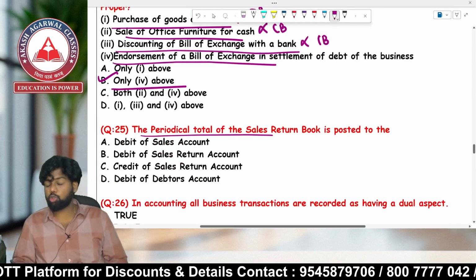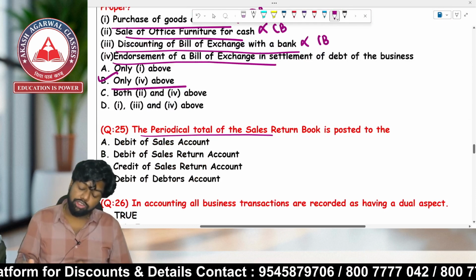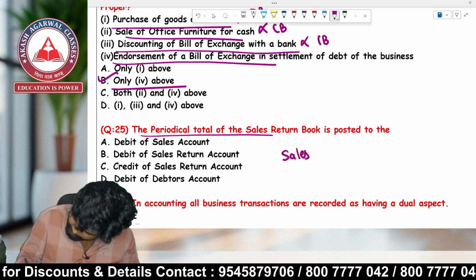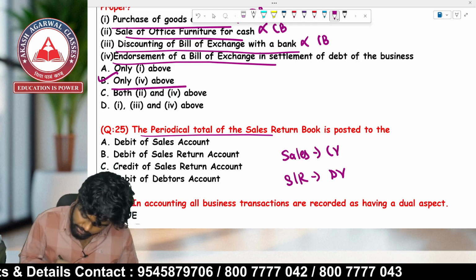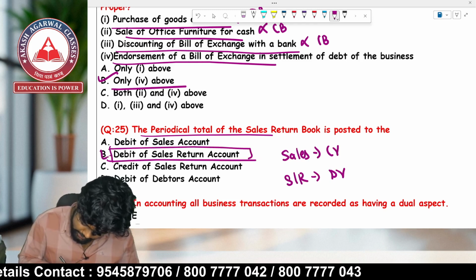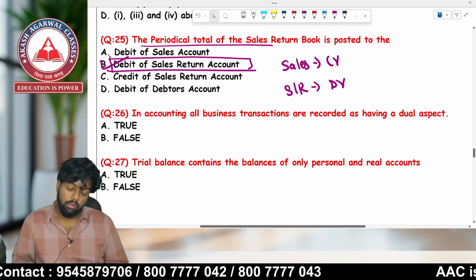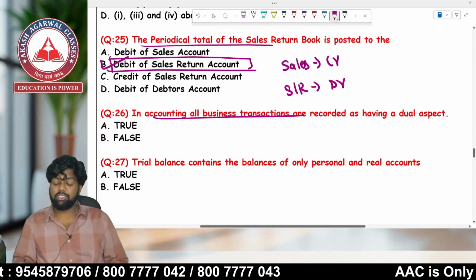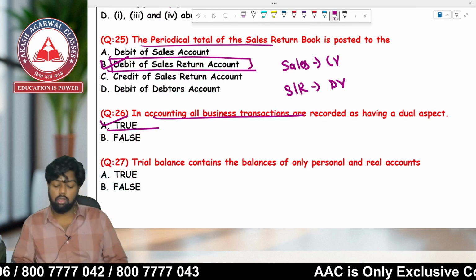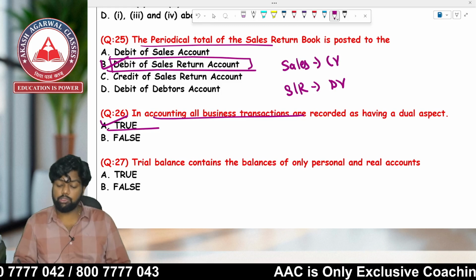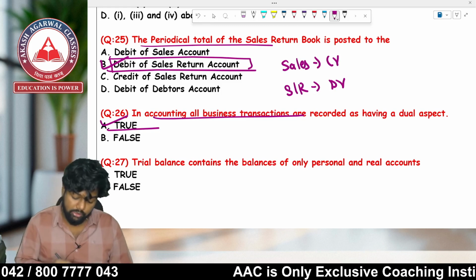The periodic total of the sales return book is posted to sales return, which has which balance? Debit. Debit of sales return account. In accounting, all business transactions are recorded as having dual aspect. True. Trial balance contains the balances of only personal and real accounts. False.